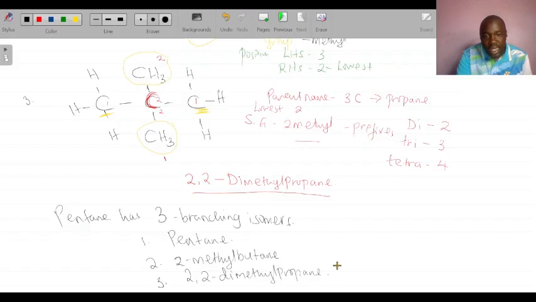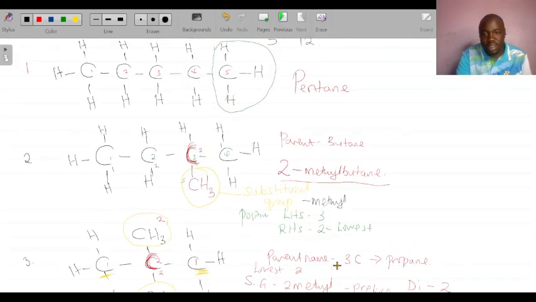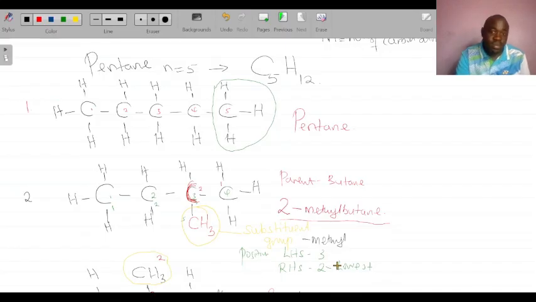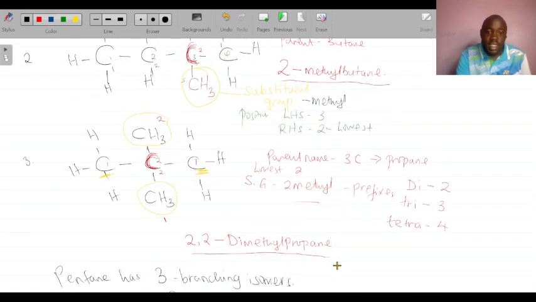So we can see that in all the 3 compounds that have been formed, they have the same molecular formula where there are 5 carbons and there are 12 hydrogens. Where they are differing is in terms of their structure. If you look at the structure of pentane, it's different from the structure of 2-methylbutane as well as the 2,2-dimethylpropane.